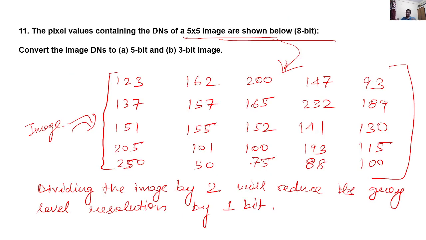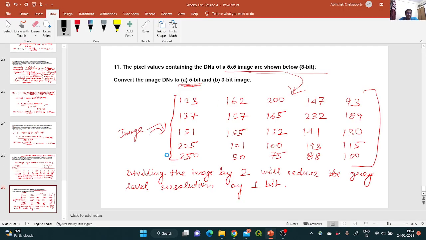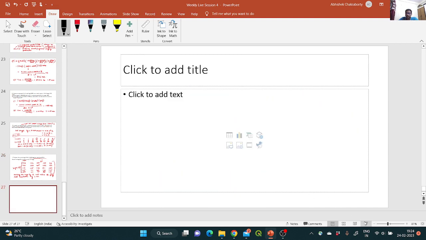Okay. So the first question is on converting the 8-bit image to a 5-bit image. Let's see how we do that. Convert 8-bit to 5-bit.